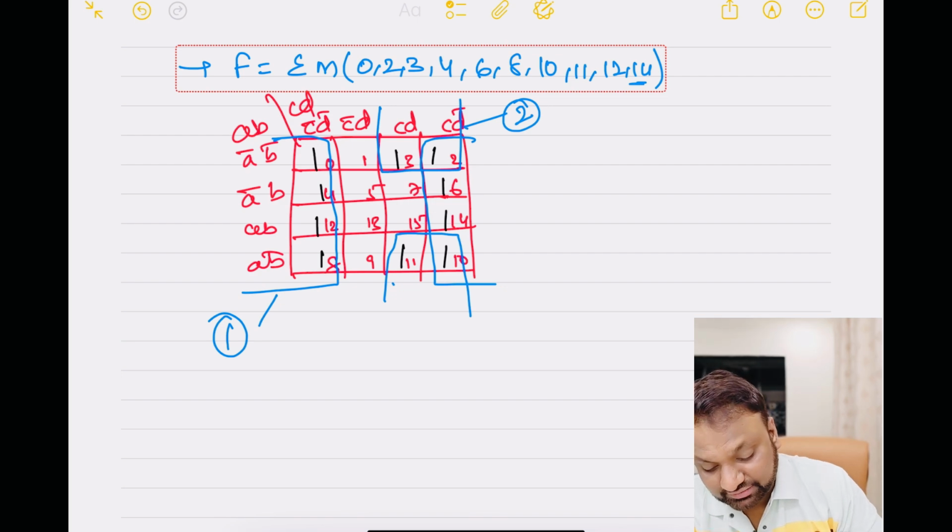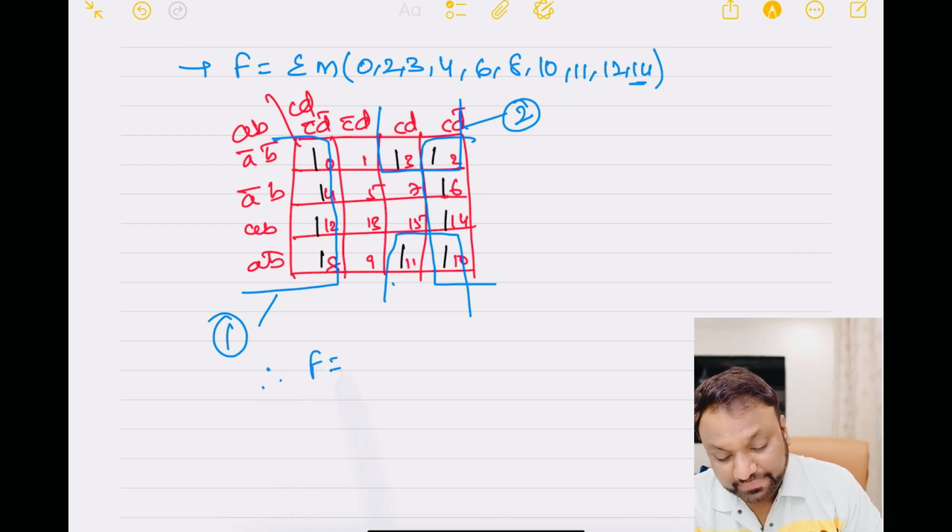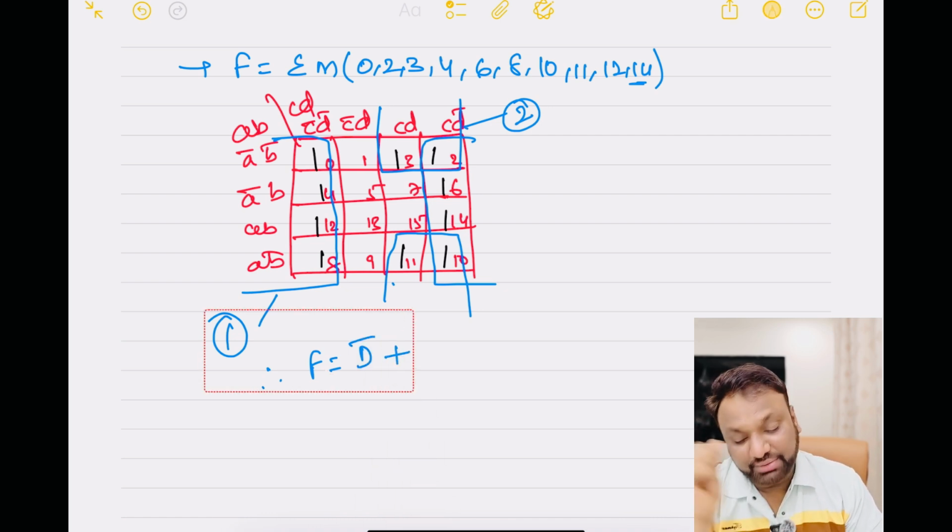Therefore my answer will be f equals, for the octet, you need to check which is the common variable. A and B both are varying here, and C bar and C are also varying, only D bar is common. Plus, what is the quad mapping here?